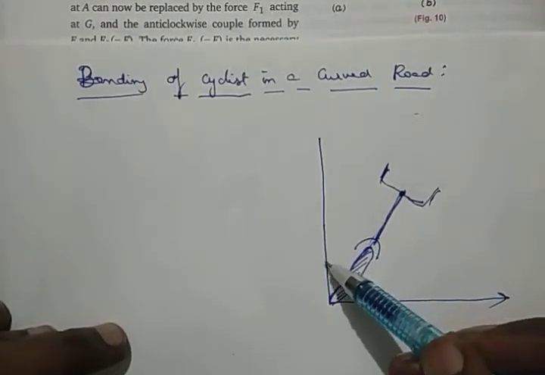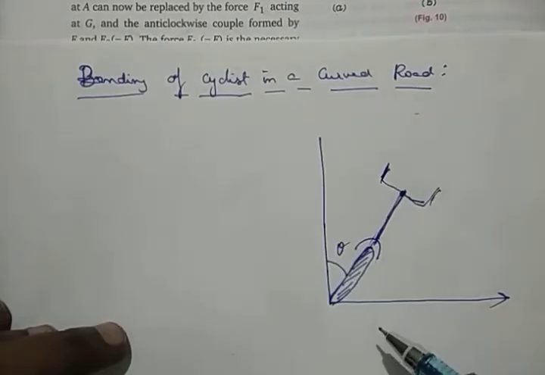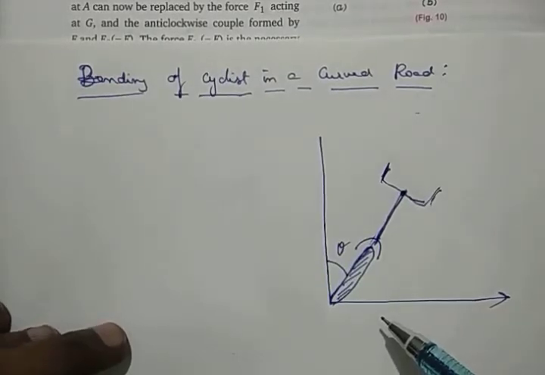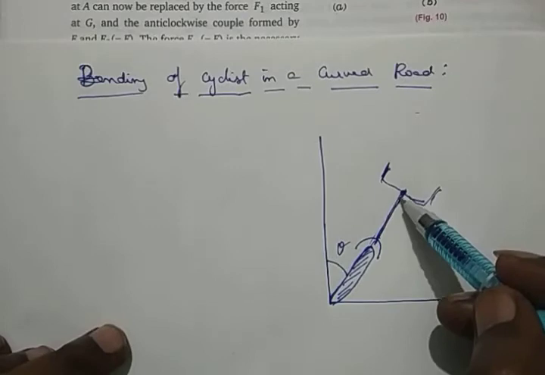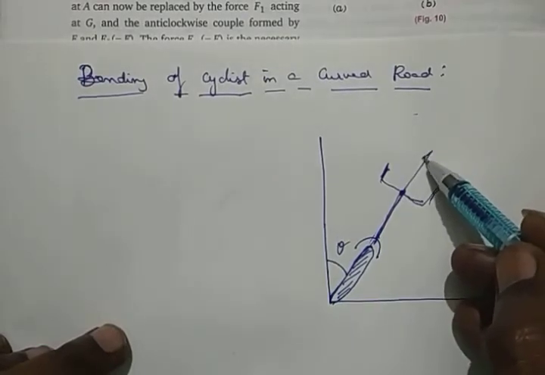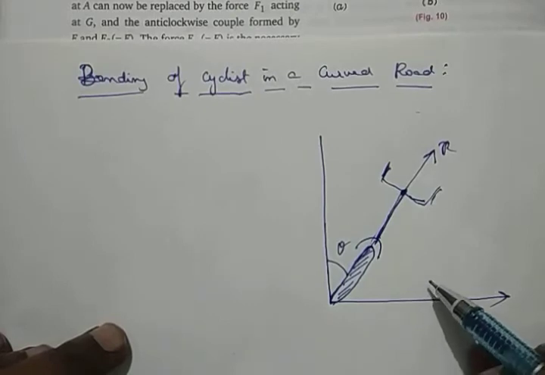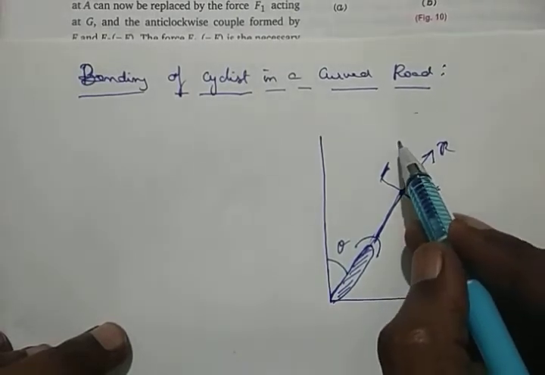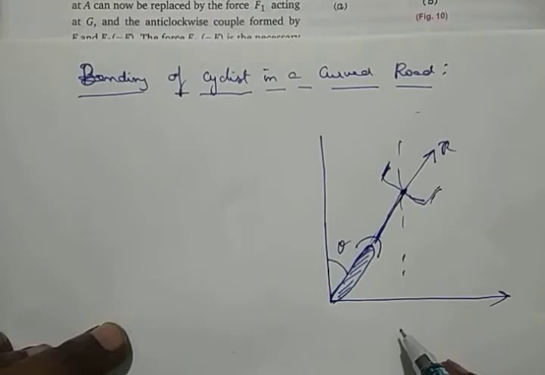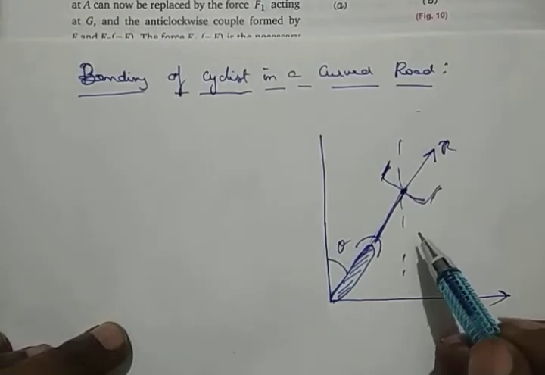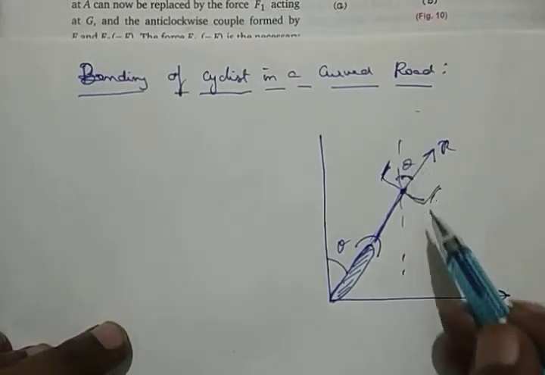The cyclist is already bent at an angle theta. When the cyclist is bent at an angle theta, the normal reaction acts in this direction. If you make a line like this, you will find theta comes here.